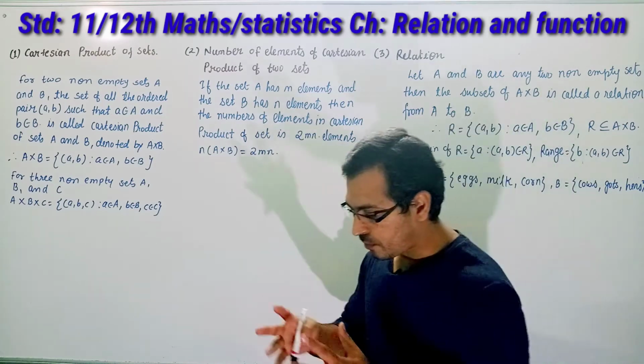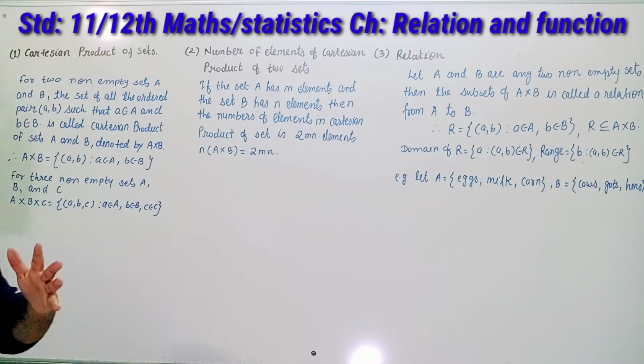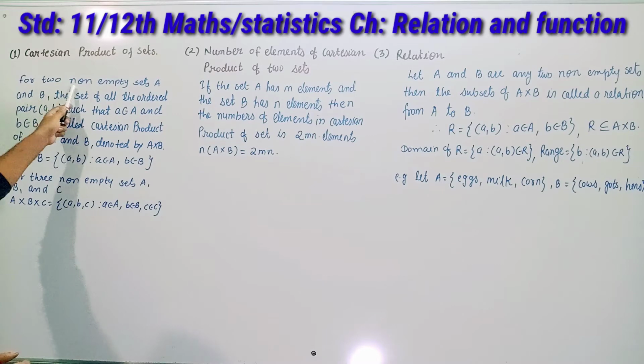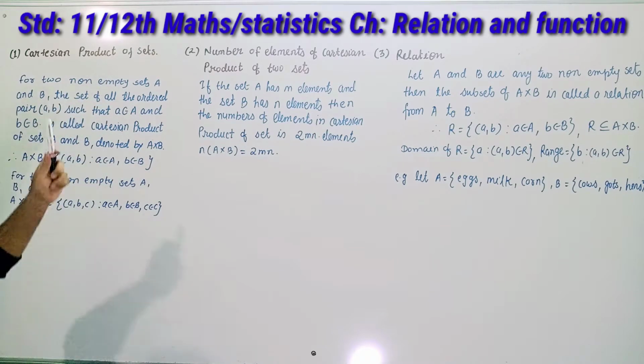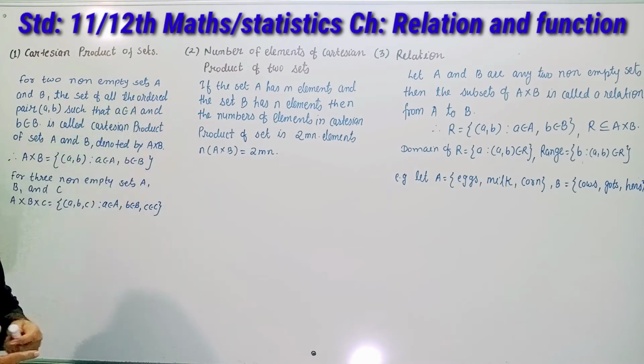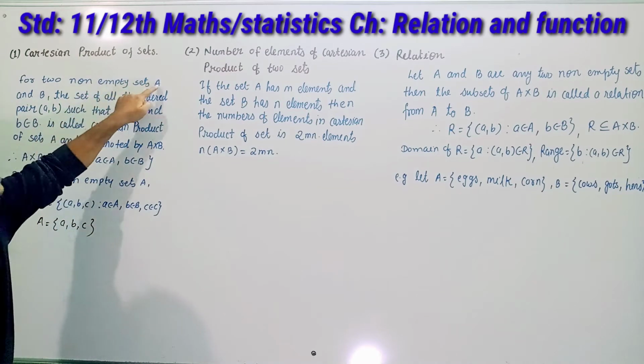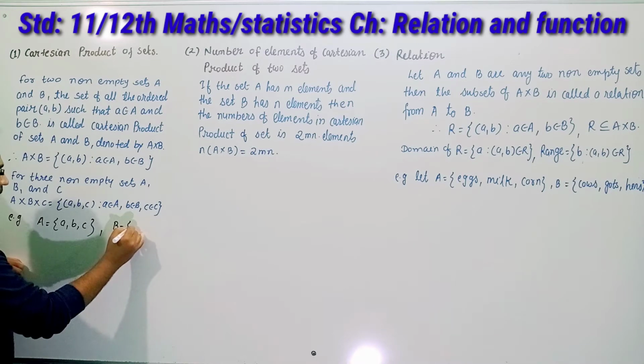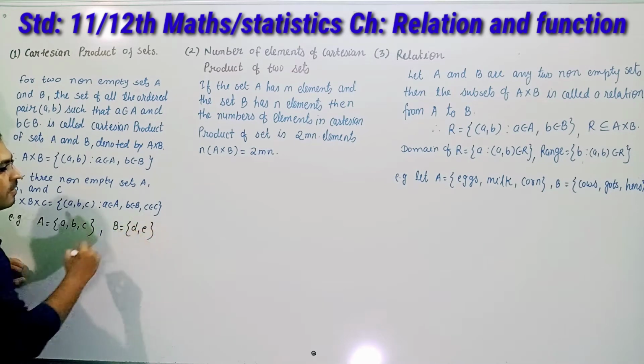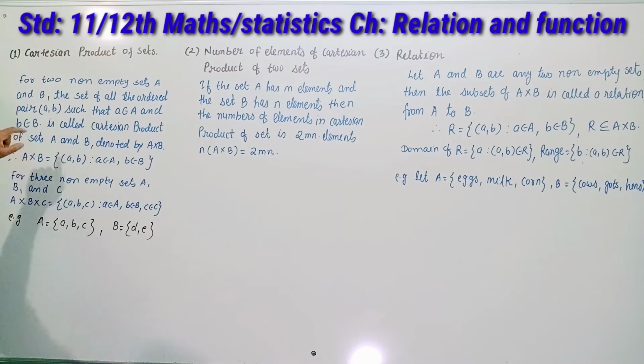Okay students, first of all we will learn about the Cartesian product of sets. So what is the Cartesian product of sets? For two non-empty sets, let us see with an example. Suppose you have two non-empty sets, A, B and C in one, and D and E in the other.